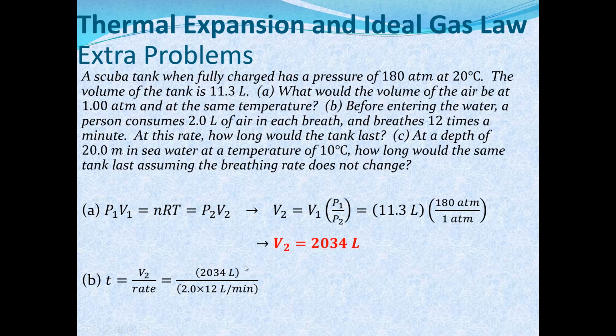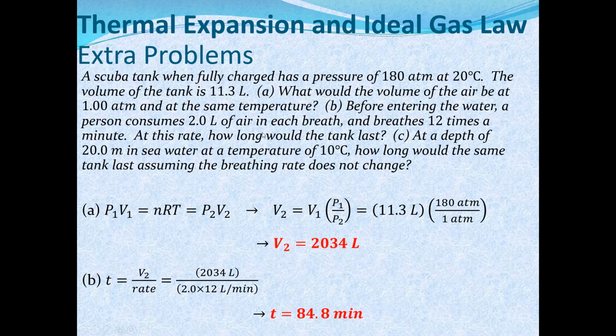So this is the total volume, and it's being breathed in at a rate of 24 liters per minute. Using this, we end up getting about 85 minutes, or pretty much about an hour and a half, almost.